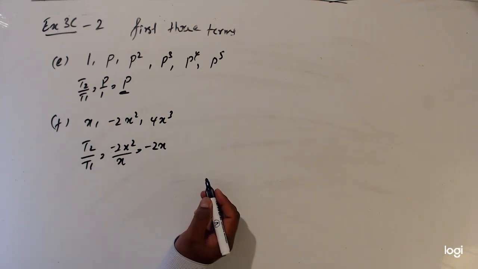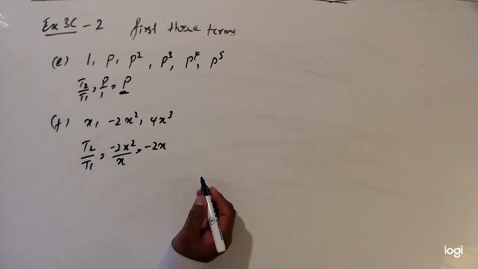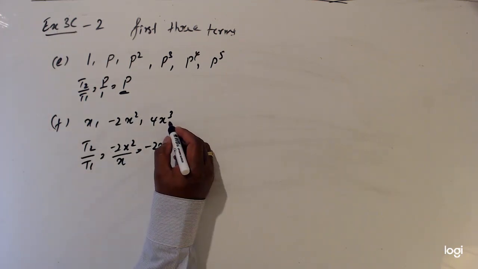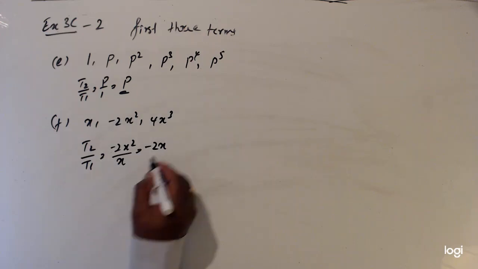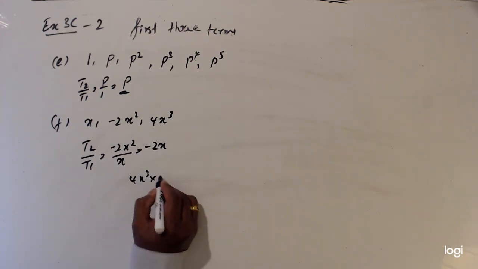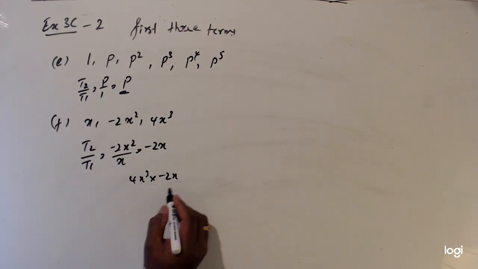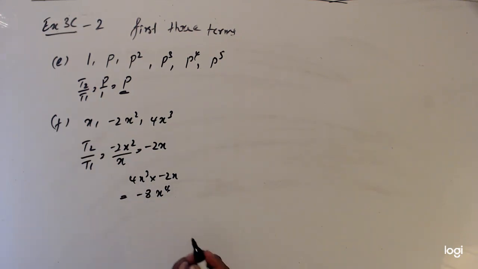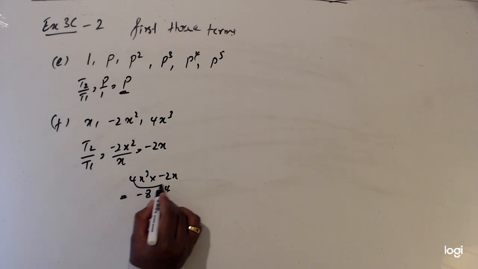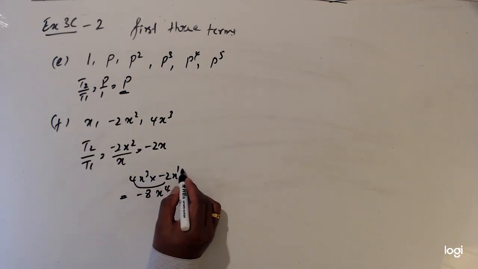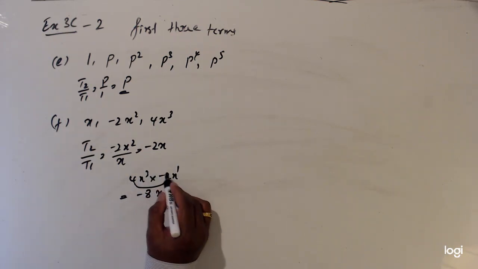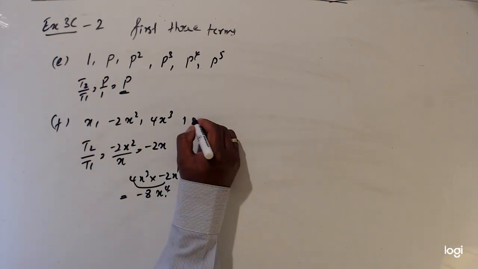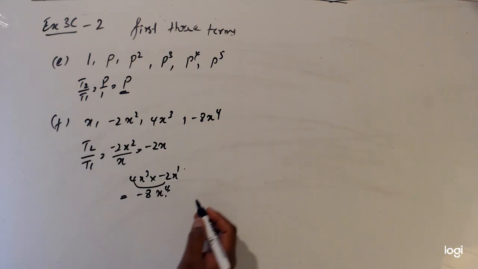So we'll multiply by minus 2x. 4x cubed times minus 2x will give minus 8x to the 4. 4 times 2 is 8, x to the power 3, so this is addition, 3 plus 1 is 4. So this is going to be minus 8x to the 4.